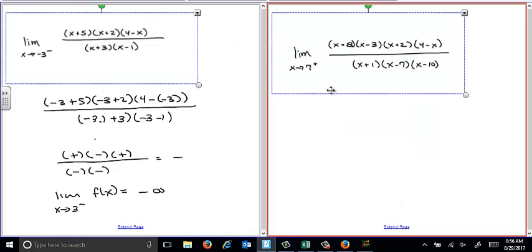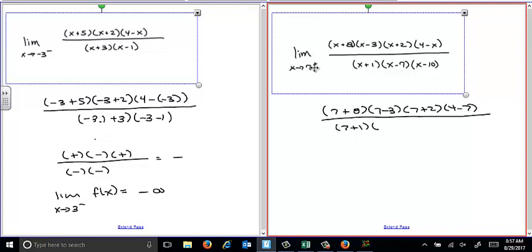And then the final one here, you've got 7 plus 8, 7 minus 3, 7 plus 2, 4 minus 7, 7 plus 1. So it's greater than 7, so 7.1 minus 7, 7 minus 10.